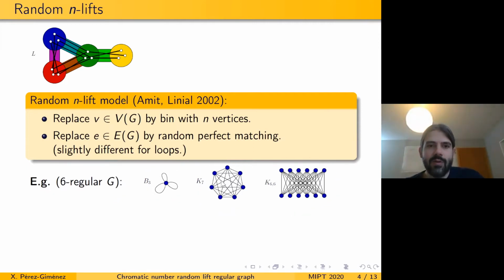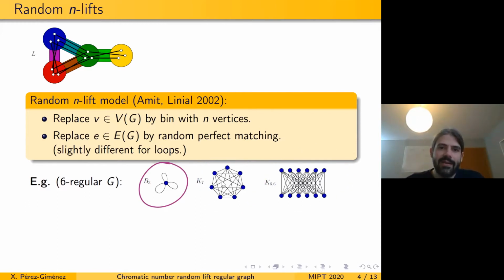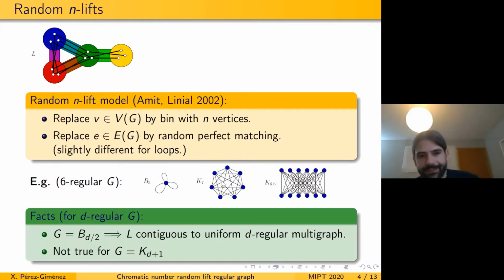If you build a random n-lift, taking G to be any of these 6-regular graphs, or any other 6-regular graph that you can think of, then you get a different model, a different distribution for 6-regular graphs. So a first question would be, are these distributions similar or different?